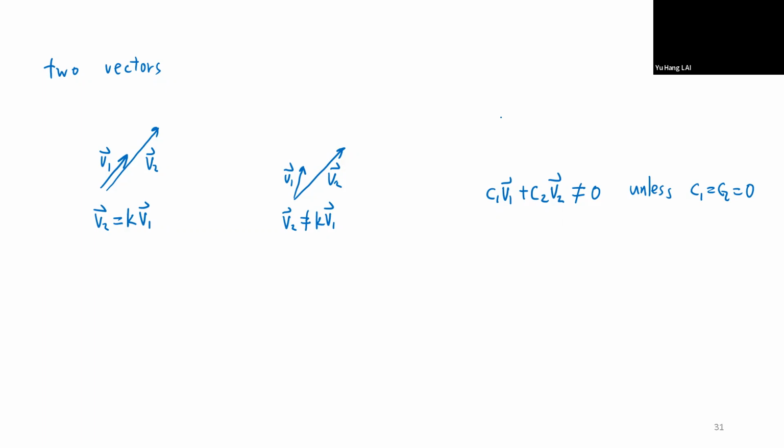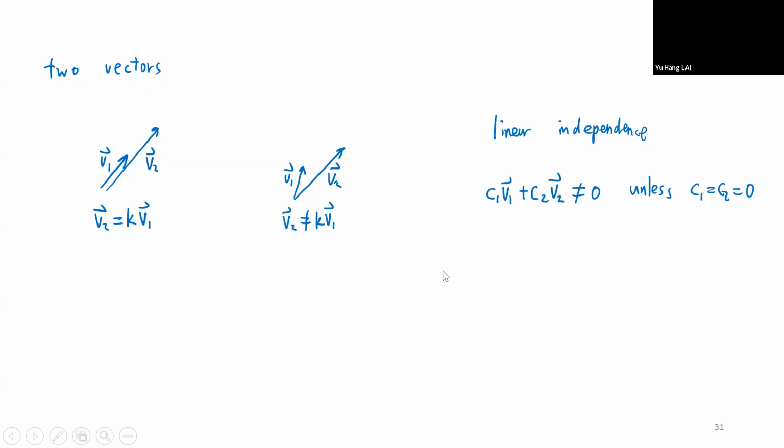This is the definition of linearly independent. So the picture you could think of is that linear independence for two vectors means you have two vectors that are not parallel to each other, and mathematically it can be written as this statement.